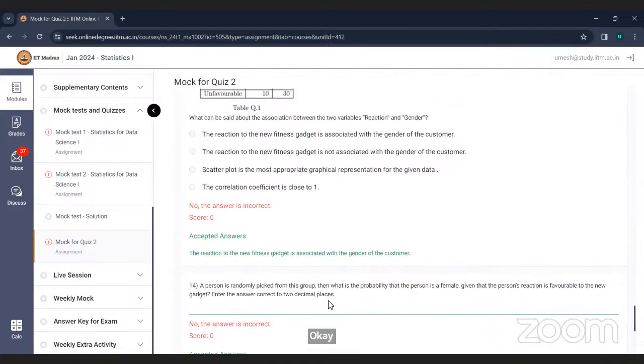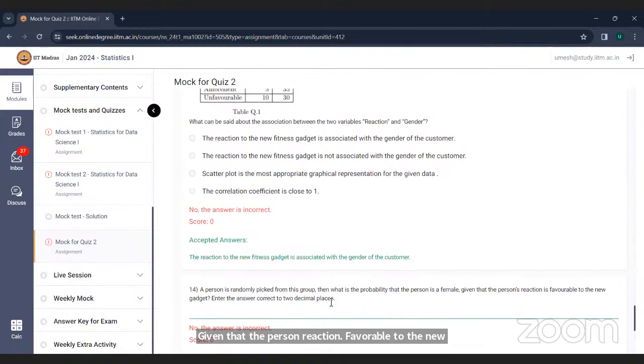Now the next question: a person is randomly picked from a group. What is the probability that the person is female given that the person's reaction is favorable to the new gadget?